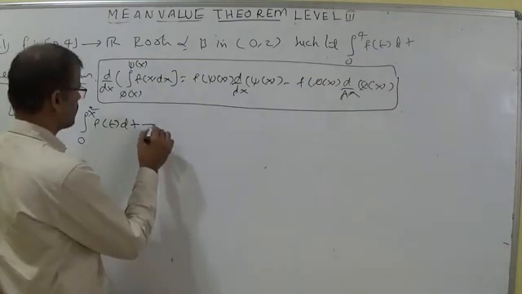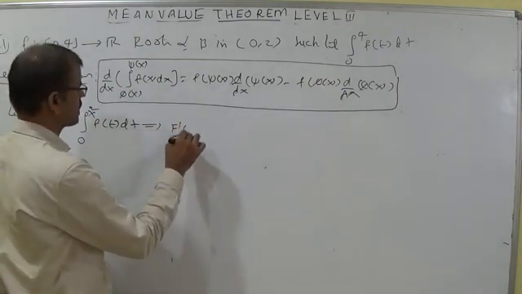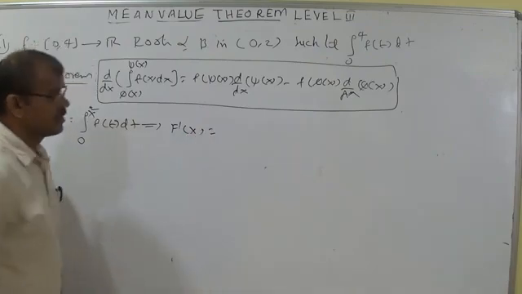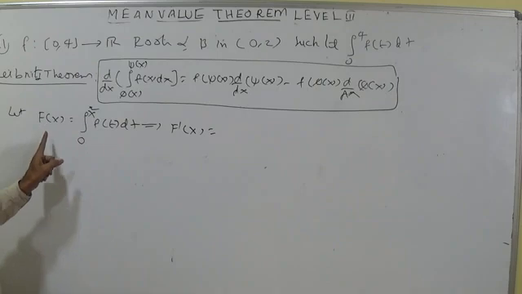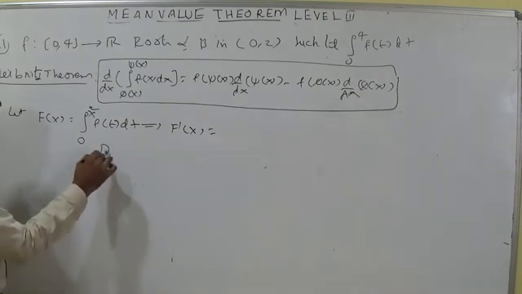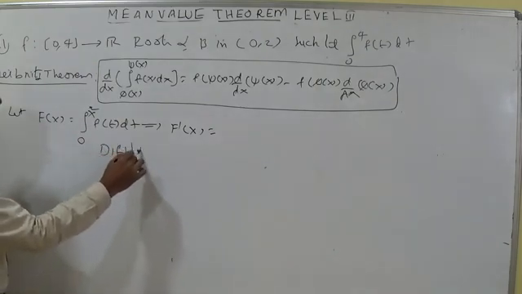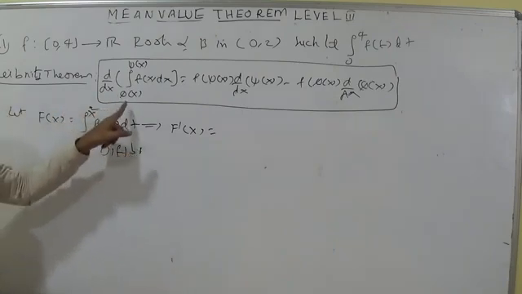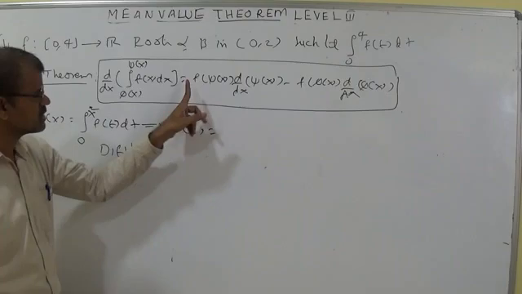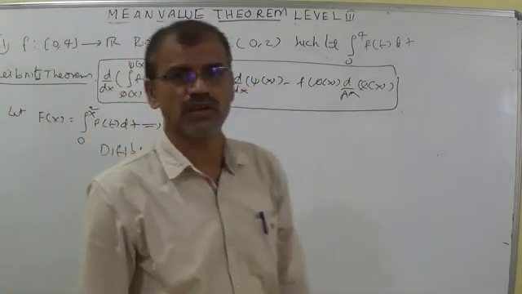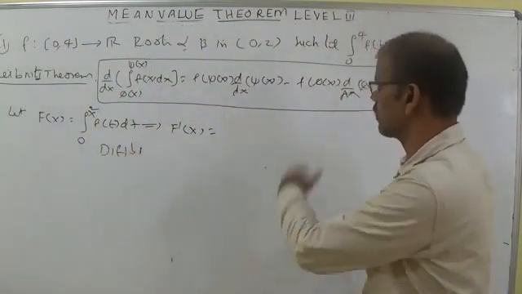So that implies, differentiating both sides, by the Leibniz theorem, capital F dash x is f of psi of x into d by dx of psi of x minus f of phi of x into d by dx of phi of x.